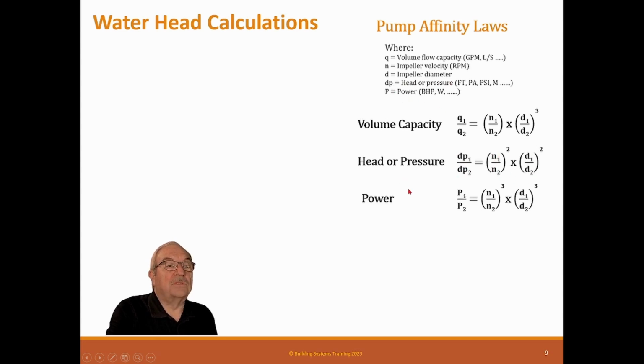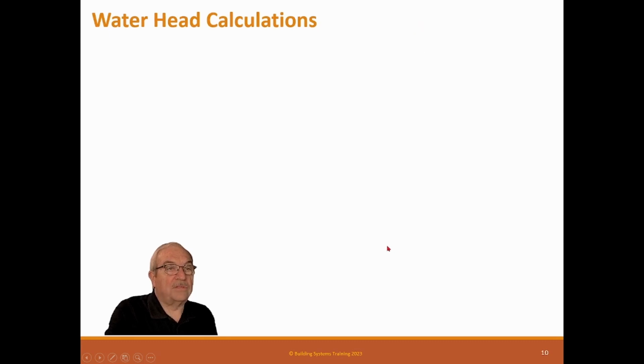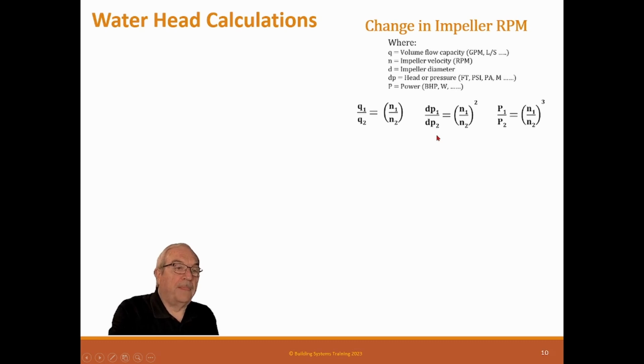And then the last one is power. So power, which is kW or horsepower, could be the one. And that's speed times the dimension of the impeller again. So these are water head calculations for us. So see what a change in impeller would be. So whenever they make a pump, of course, they make a pump volute designed for a maximum size impeller.